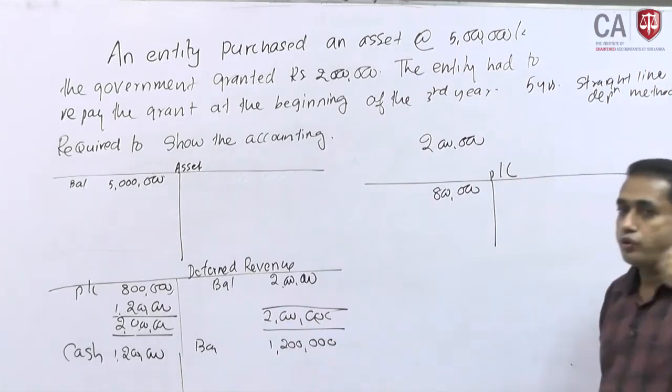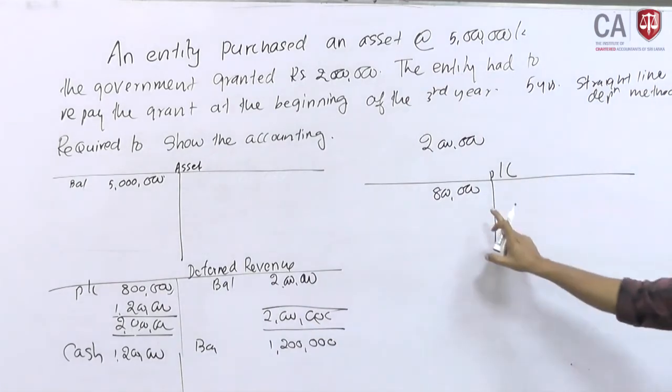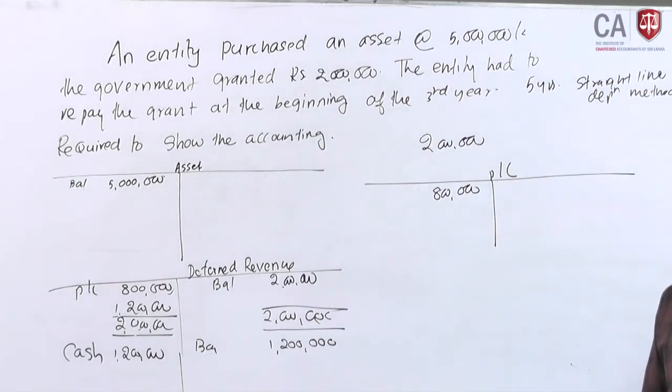That 800,000 gets pulled out from the profit and loss at once, at the beginning of the third year, as you repay the grant. So it is as if we haven't got anything from the government. It is as if we had paid and financed the purchase of the asset by ourselves.